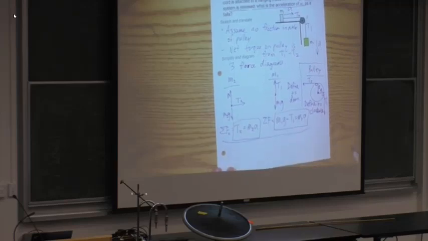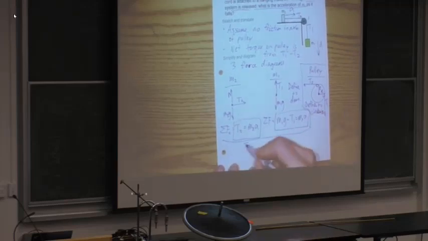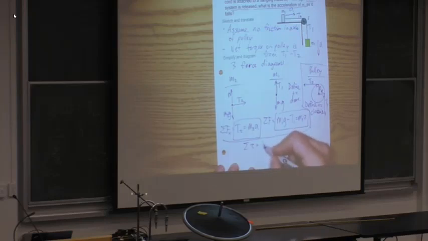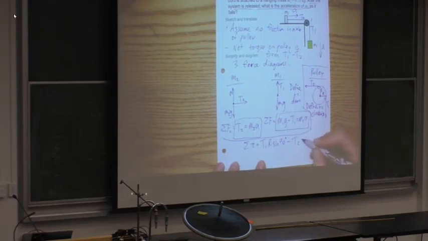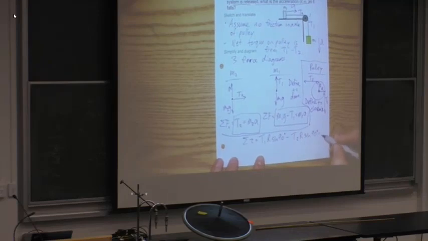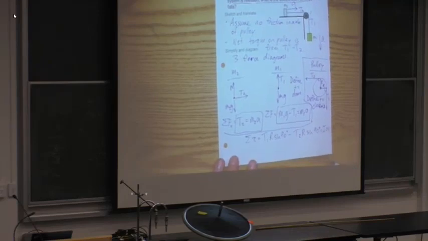So the sum of the torques is equal to T1, the positive one, times R times sine of 90 degrees, minus T2, the negative one, times R times sine of 90 degrees. And that's going to be equal to I times alpha. It's an easier way of putting that. These sine 90s are 1, so it's T1R minus T2R is equal to I times alpha.